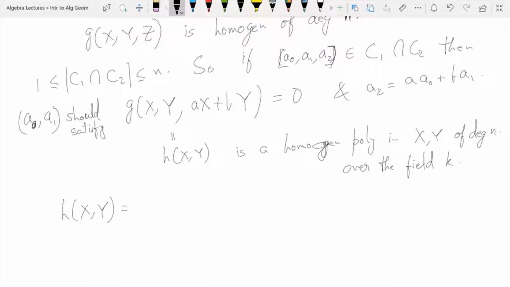So maybe I'll just write it this way. H(X, Y) is a product of linear, homogeneous factors. So what is used here is that K is algebraically closed.